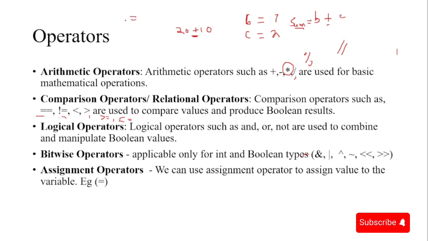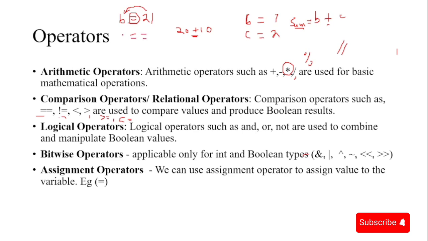When I'm using a single equal sign, it means I'm assigning the value on the right to a variable. Assuming this is 21, I'm assigning it to a variable p. So this p will store the value 21. What if I now have double equal signs?